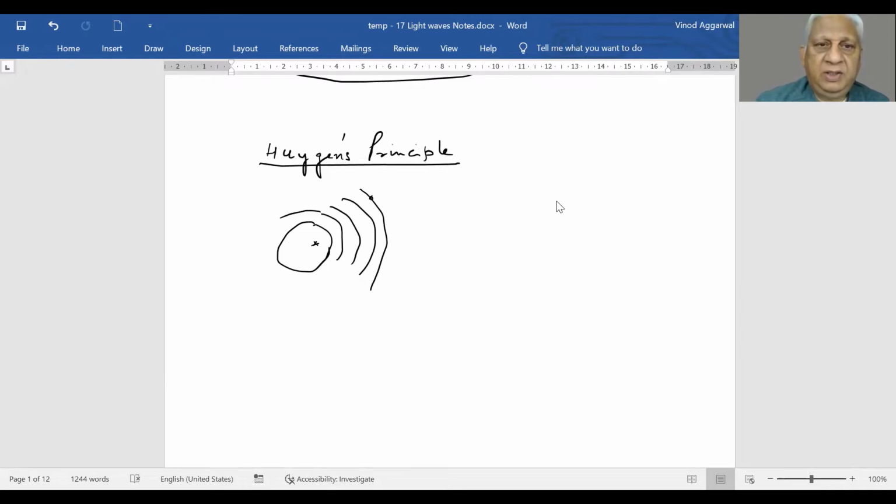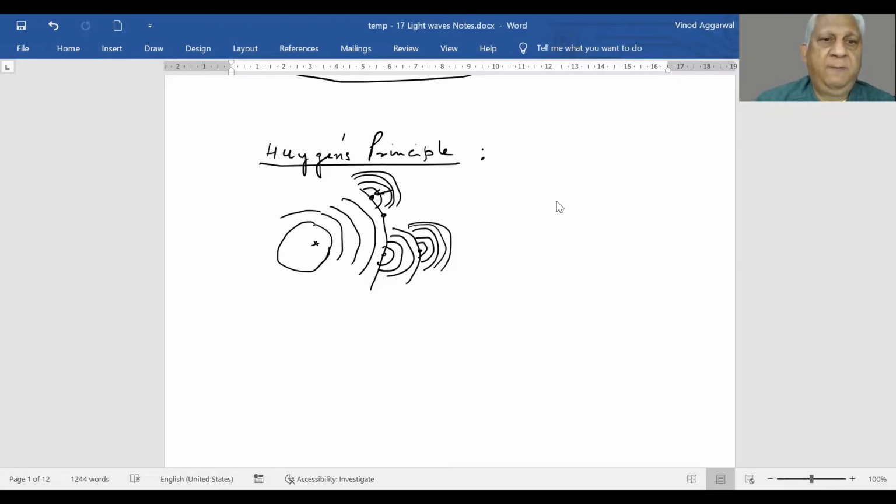And when it hits any other surface, the particles of this surface start acting as a secondary source, meaning thereby each of these sources will start emitting their own waves. And for example, if this wave hits another surface, then again this will act as a secondary source, and this process goes on. So this is in very brief the Huygens principle.